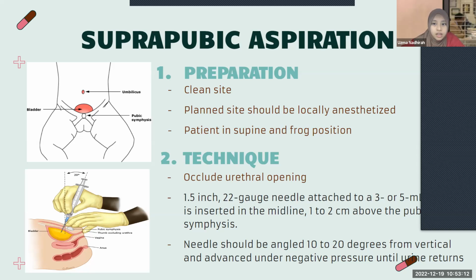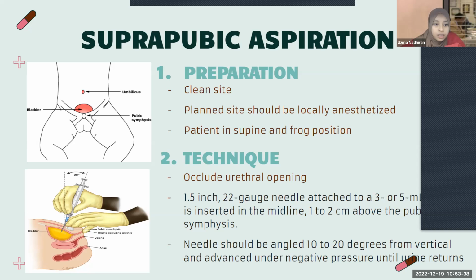Afterwards, we prepare: we clean the site and locally apply anesthesia with lidocaine. We should put the patient in a supine, frog-like position to stabilize the pelvis, as seen in the first picture.